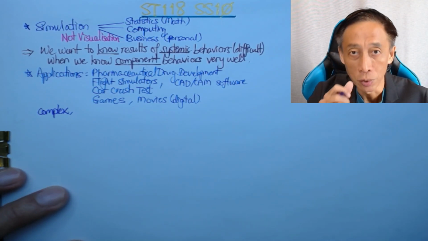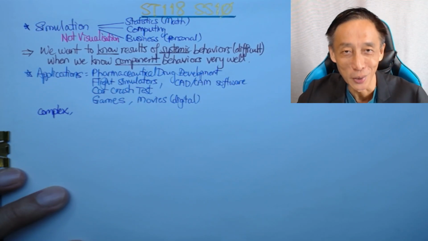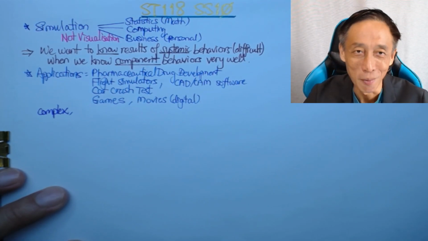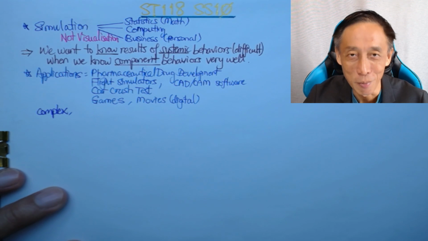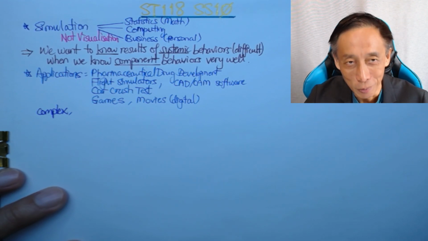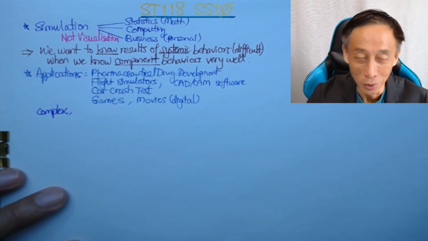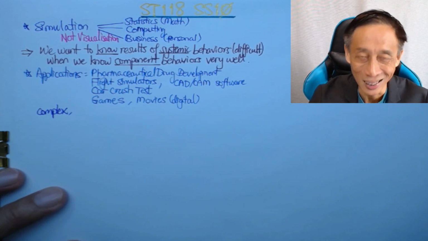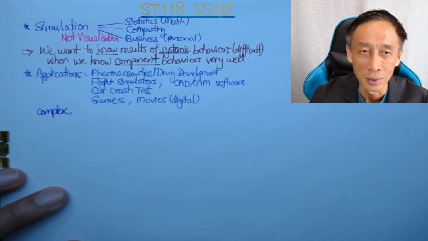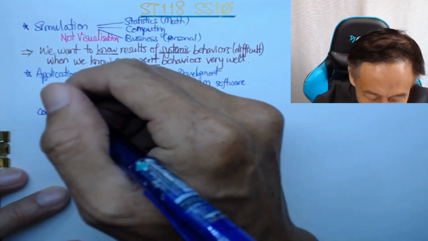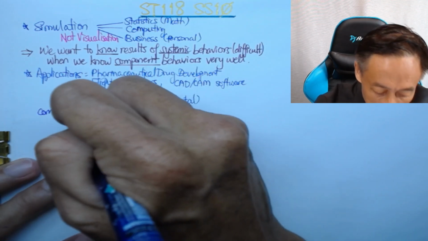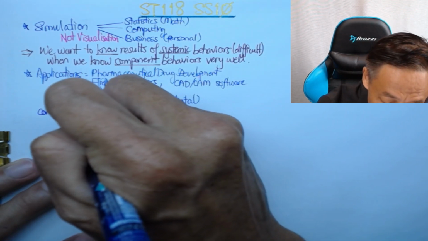For example, we want to know, does the universe expand or contract? Right? It's a complex question with a complex answer. We cannot answer directly. But what we can do and study will be the components, right? The galaxies, the movements, the stars, and so on and so forth. So we can then put them together and simulate to get an answer.